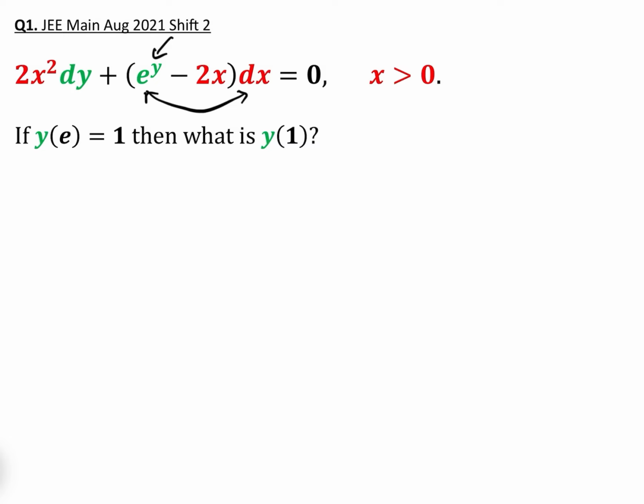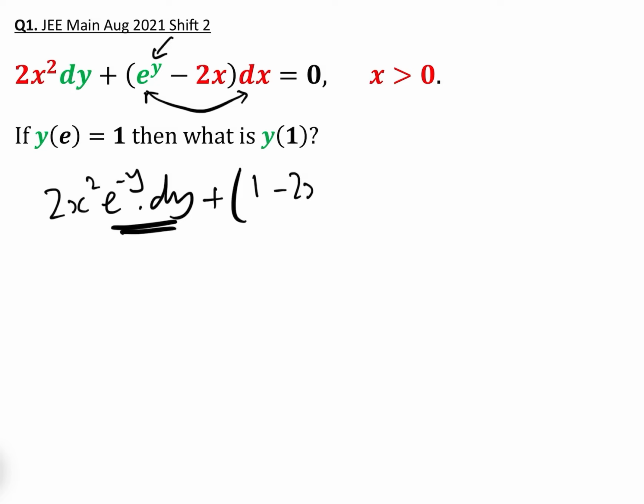But that's not a problem, because all we need to do is multiply the entire equation by e to the minus y, and that will give us 2x squared e to the minus y dy, and now we have the bit that we want, add brackets 1 minus 2x e to the minus y dx equals 0. So now we have e to the minus y dy.